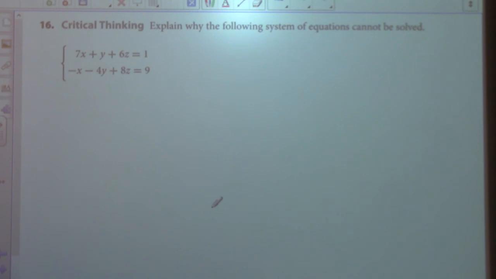TV, why can that system not be solved? How many equations do we have there? We have 2 equations. So you need to have 3 equations? Yes, you need to have 3 equations to solve 3 unknowns. So that's the takeaway there. That's the answer. So 3 equations needed. You stick that in there.